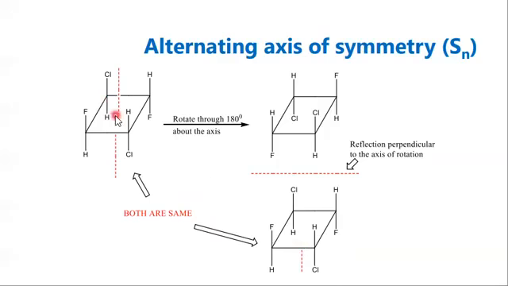Again, we have to divide 360 by the rotated angle. So in this case, we divide 360 by 180, so we get 2. So in this case, we say this molecule has an S2 alternating axis of symmetry.